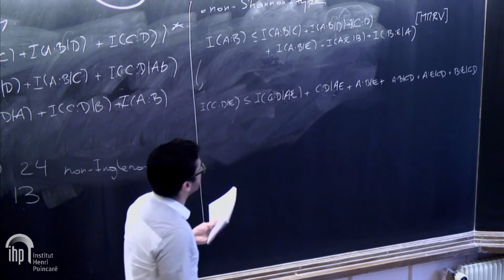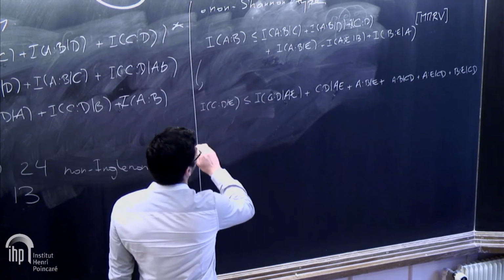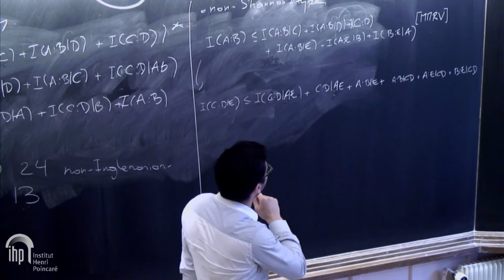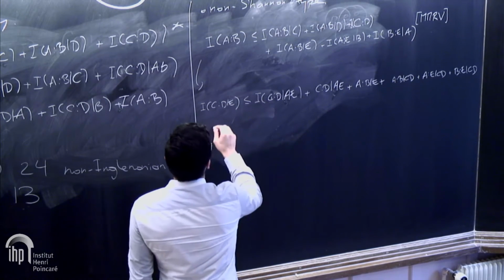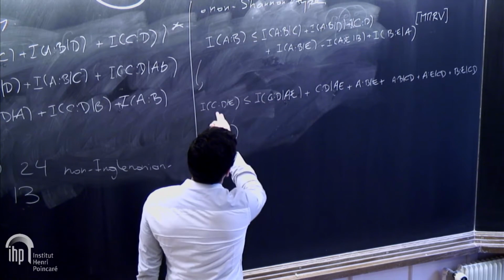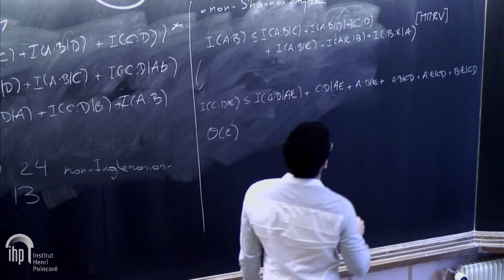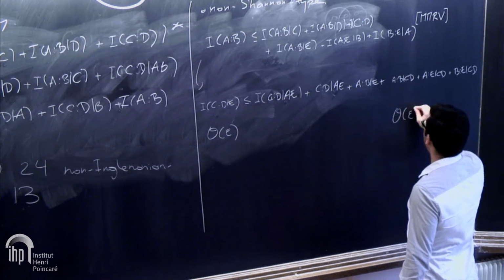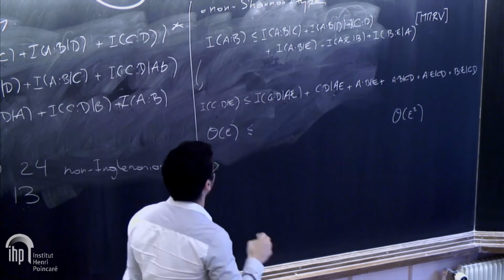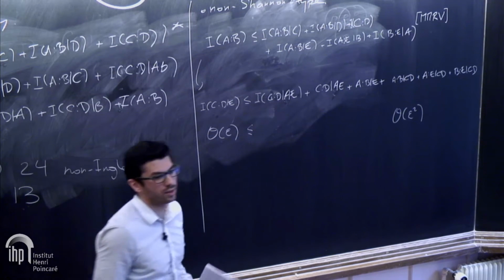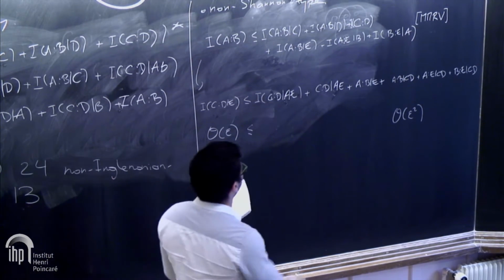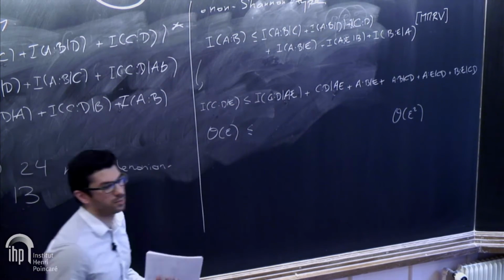I found a counterexample: a 5-tuple of random variables A, B, C, E, parameterized by epsilon, such that this is theta of epsilon, this is theta epsilon squared, and everything else is 0. So this inequality cannot be true, obviously, because one part can be made larger than the other.